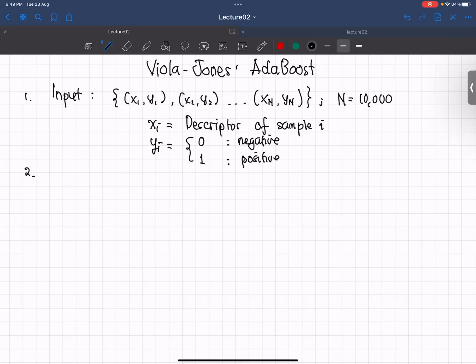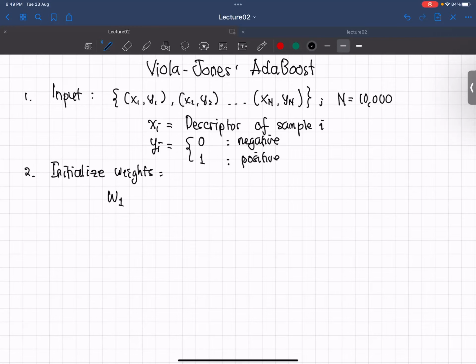In the second step in the algorithm, we need to have initial decision, especially the initialization of the weights. The weight has 2 indexes.